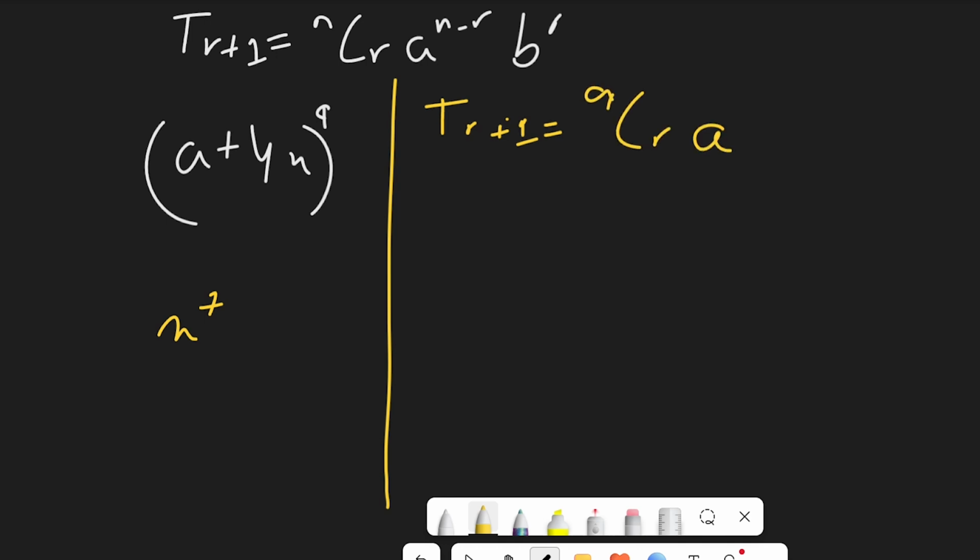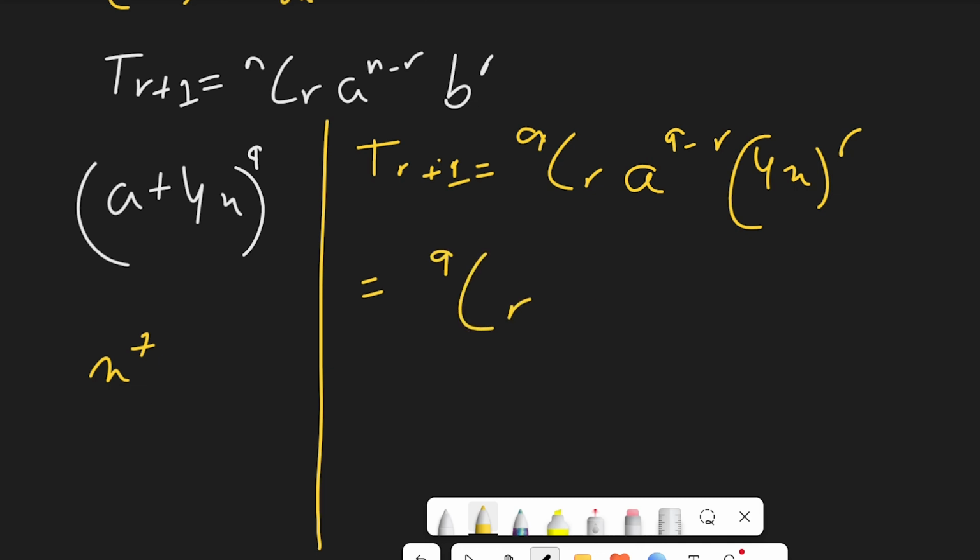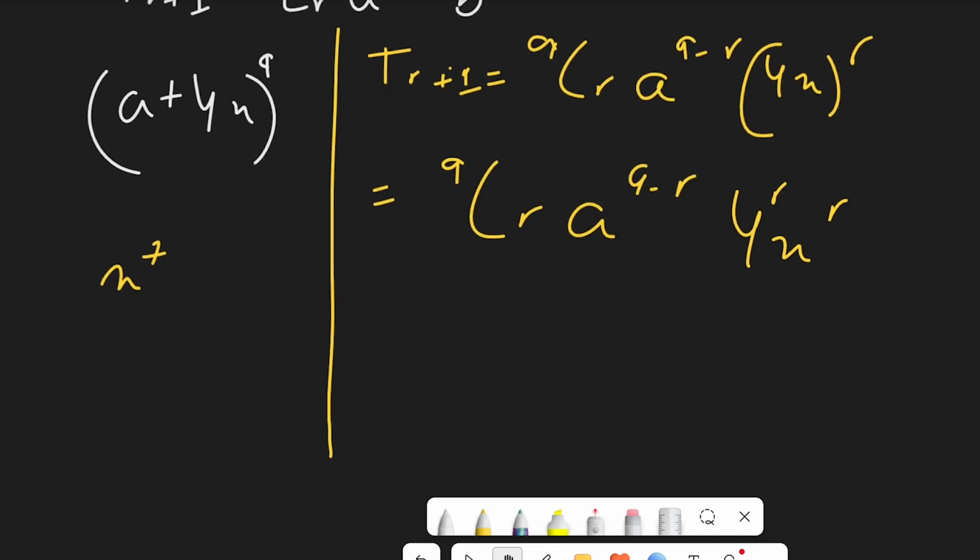Then we have a^(n-r), which is a^(9-r), and (4x)^r. Since there is a bracket, the whole power would multiply the individual things as well, so it would be 9Cr a^(9-r) 4^r x^r, right?